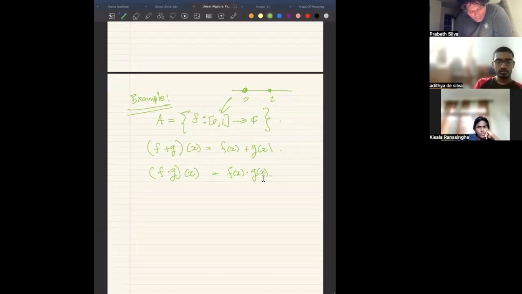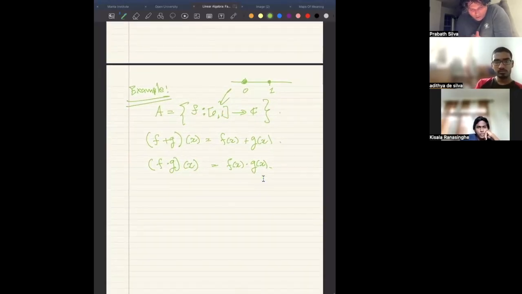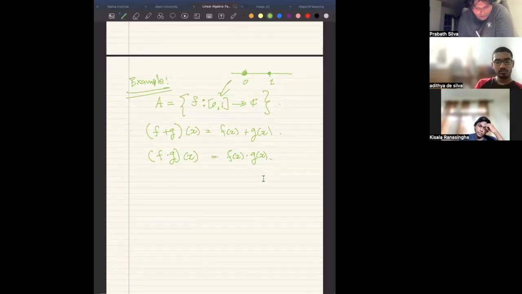We take some lambda complex number, then you can define lambda times f, a scalar multiplication on A. Lambda times f is going to be this new function, which is defined by this.